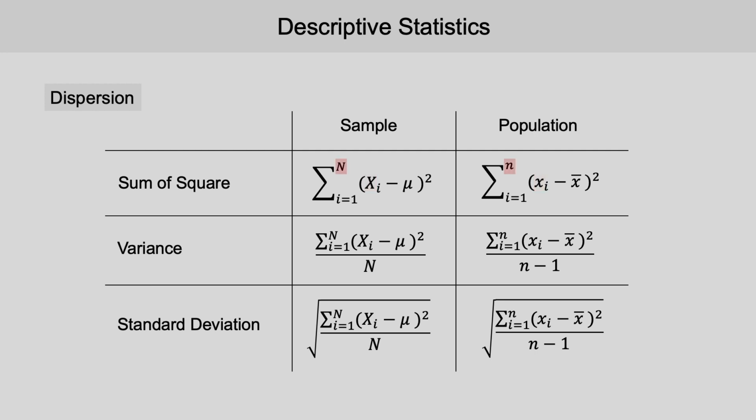Capital N and lowercase n respectively represent the size of the population and the sample. i equals 1 means starting the calculation from the first one. It should be noted that, in this video series, we try to avoid using formulas and emphasize understanding the concepts and knowing how to calculate. However, clearly, some formulas are unavoidable.